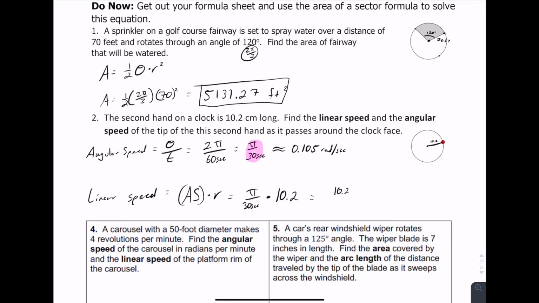So 10.2 pi centimeters over 30 seconds. That ends up approximately 1.068 centimeters per second. Okay, that's how fast the hand is moving as linear. Okay, directly that way, not around. Okay, so the math is easy. You just got to remember what everything means.